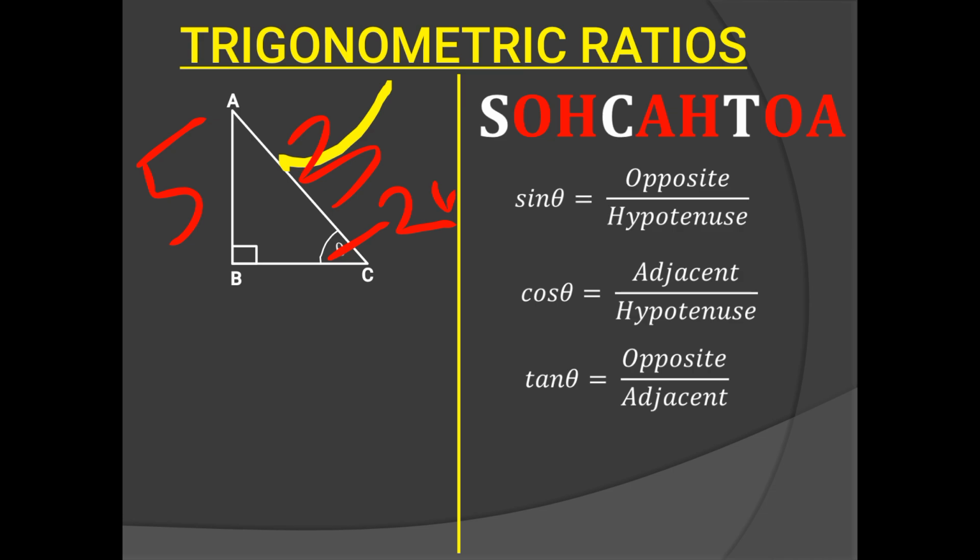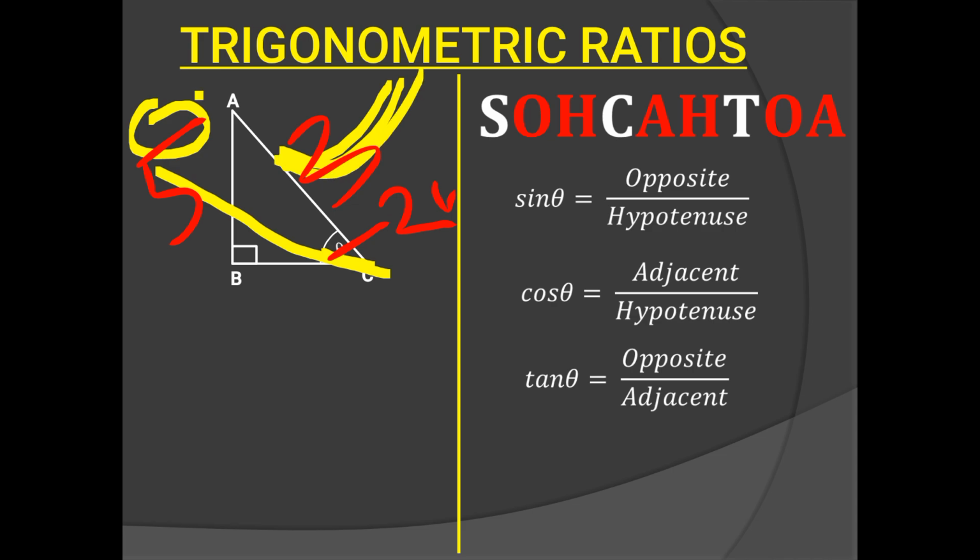Are we together? Good. And then which side again has been given? Look at the angle. There's the angle. The angle is here. Let's continue. So the 5 becomes our opposite. Since the angle is facing the AB, the 5 becomes our opposite. So you have been given hypotenuse, which is 3, and opposite, which is 5. We go to the ratios to ask ourselves, which one has the hypotenuse and opposite?